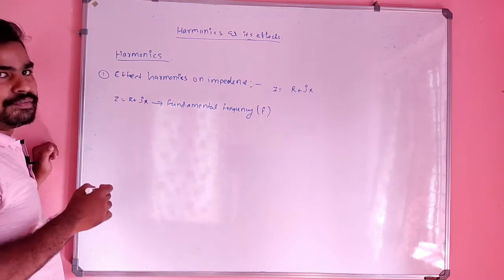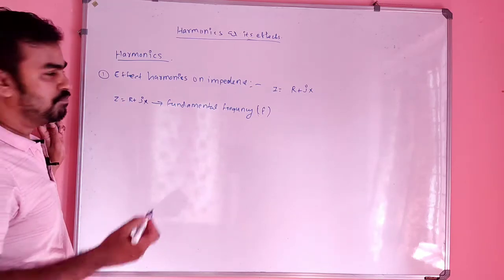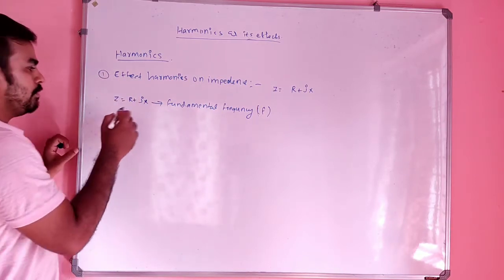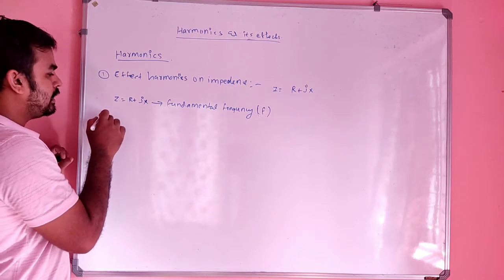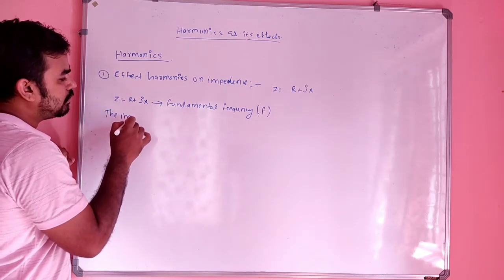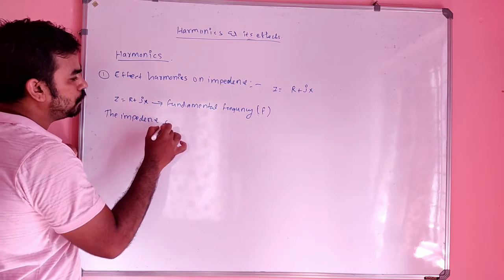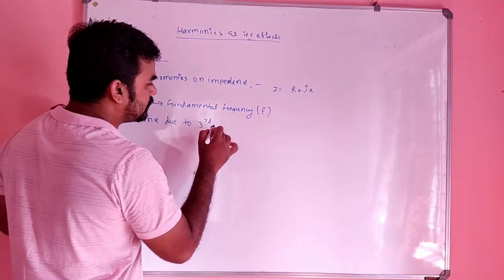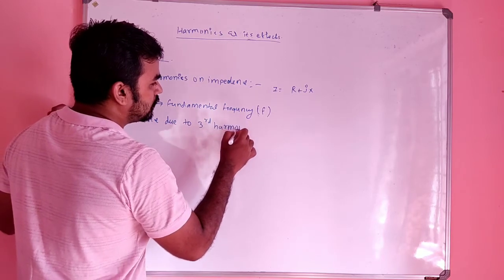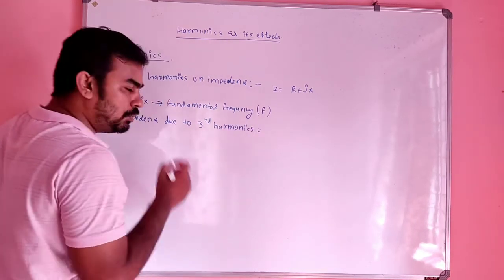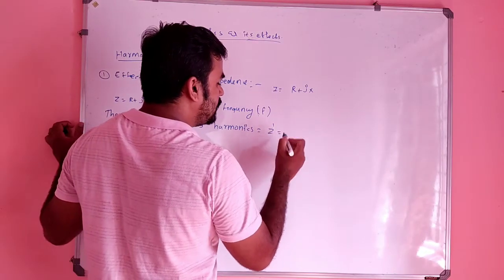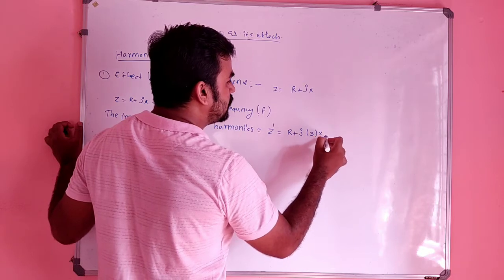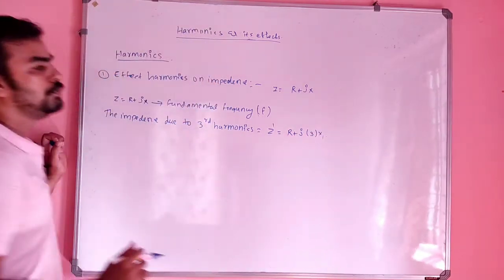If you have a harmonic signal which arises due to some reasons, then the impedance due to the third harmonic, Z dash, will be equal to R plus j into 3X.